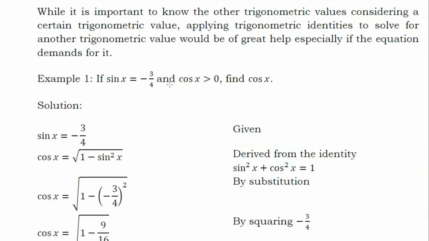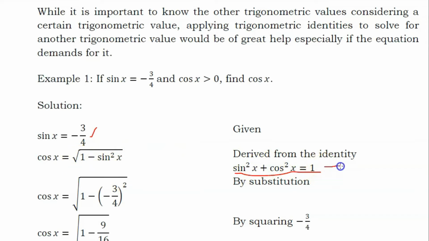So I already introduced to you some of the trigonometric identities, so look for the one that can be applied. But so far, the most common is the usage of sine squared x plus cosine squared x is equal to 1. So now that sine x is given, it's easy for us to find cosine x.